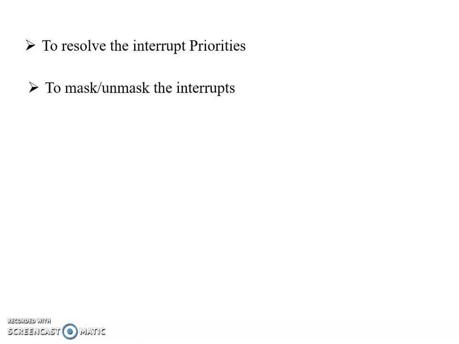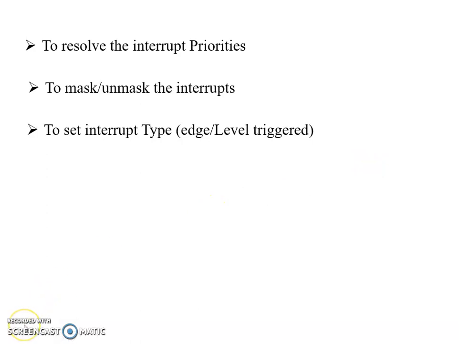So with the help of 8259 we can mask or unmask the interrupts. Individual interrupts we can mask or unmask with the help of 8259. Then we can also set the type of the interrupt. If you want an edge triggered interrupt, then we can set that, or if you want a level triggered interrupt, we can make our interrupt level triggered.